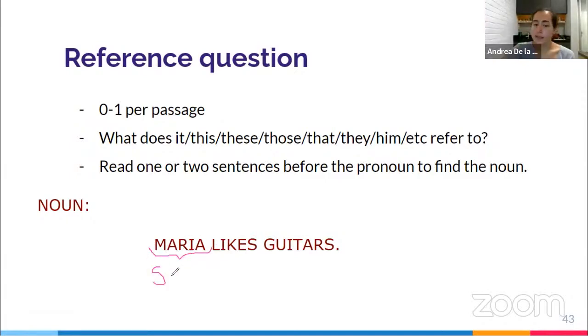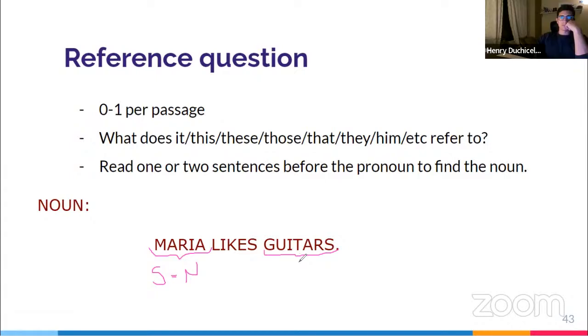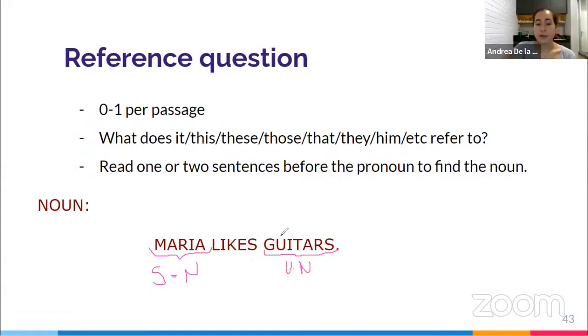This is the subject, and as Harry says, it is a noun. Because it's the name of something. But what happens with the word guitars? Is that a subject? No, it's the object. Exactly, but it is a noun. In this case, it's the object, but it's a noun. We're not talking about guitars, we're talking about Maria, but it's still a noun.